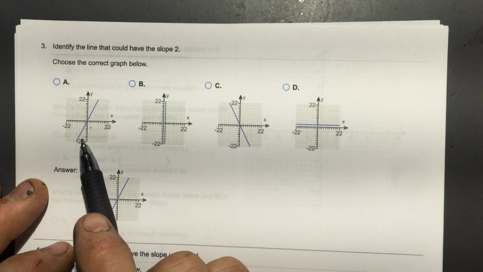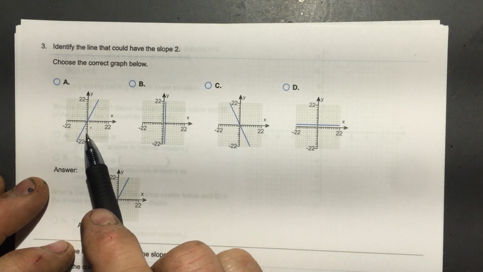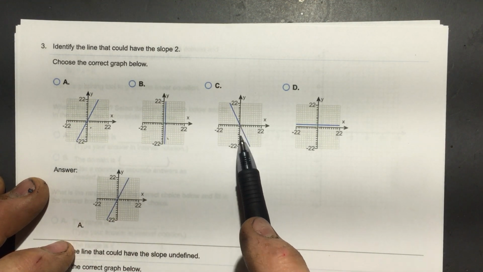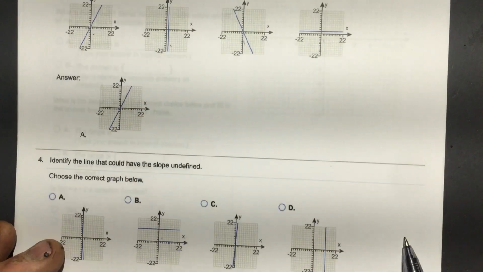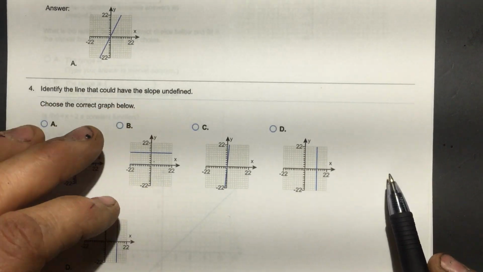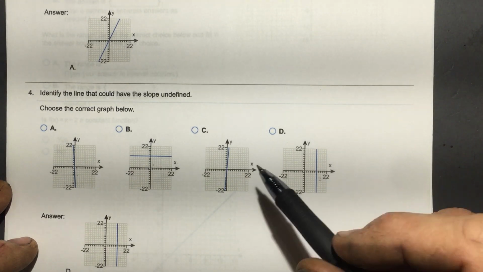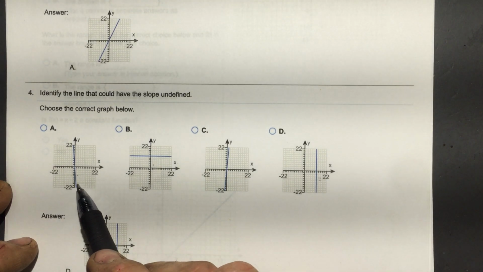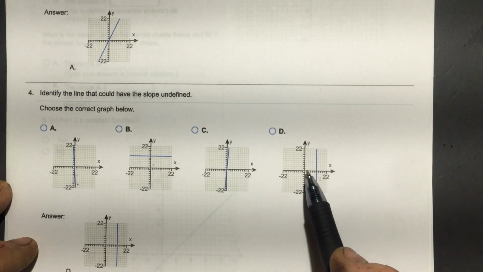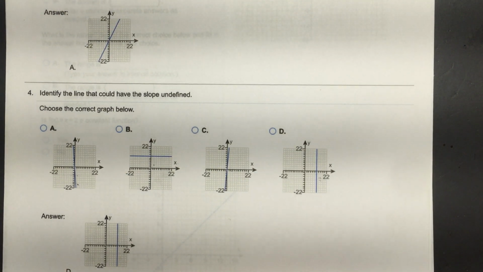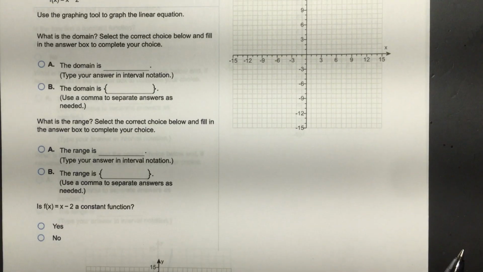Well, this is the positive one right here, so it's got to be that one. Then down here, identify the one that could be the undefined, which is here, undefined.